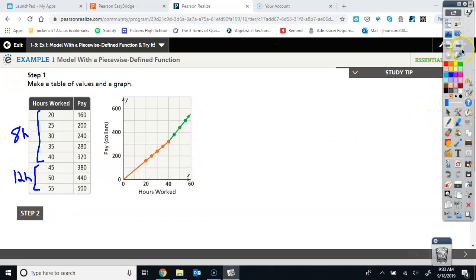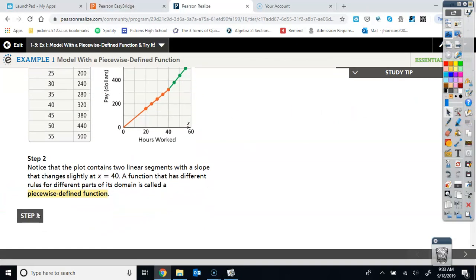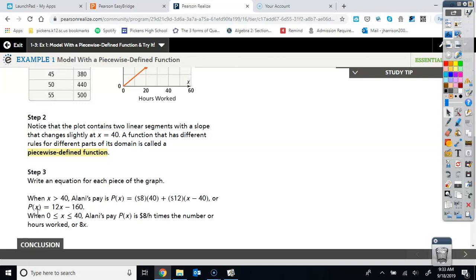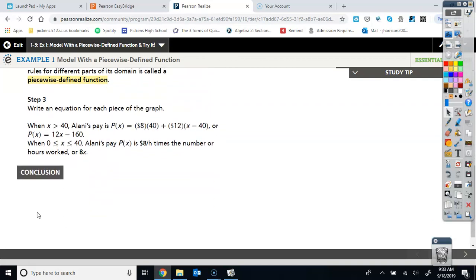So what that looks like when we start to make our equation for this is that we have a change at 40 in our domain. So we have different rules for our equations. When x is greater than 40, her pay increases.